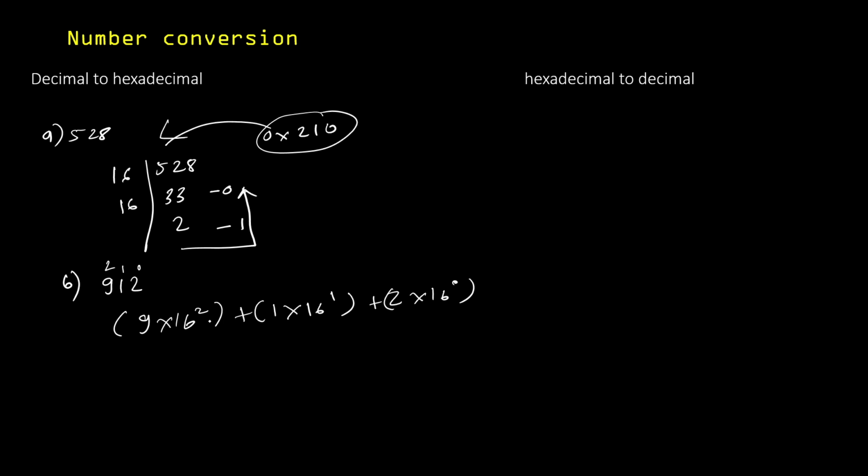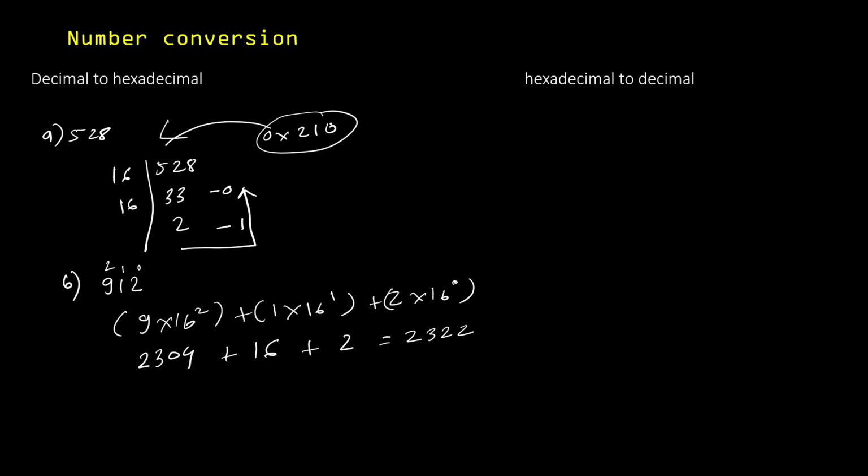So 9 into 16 raised to 2 is nothing but 2304, plus 16 into 1 is 16, plus 2 into 1 is 2. So 2304 plus 16 plus 2 is nothing but 2322. This is how we can convert hexadecimal to decimal.